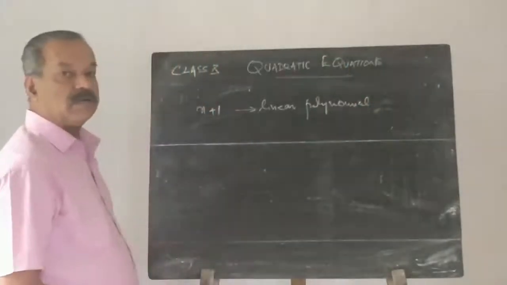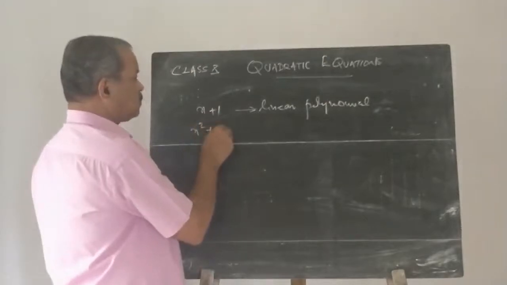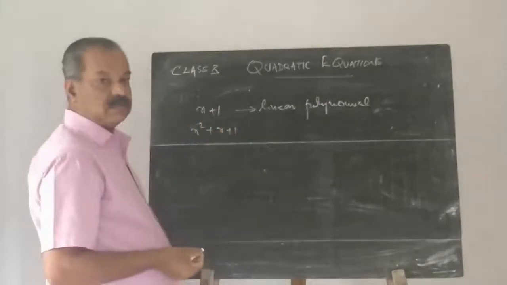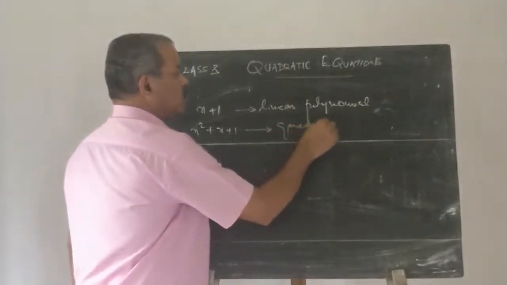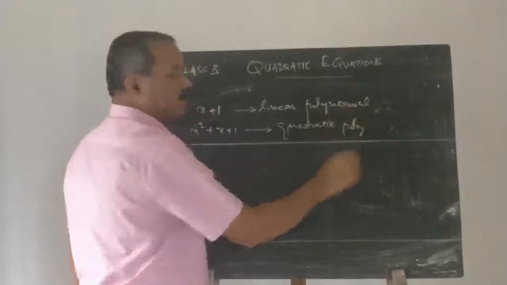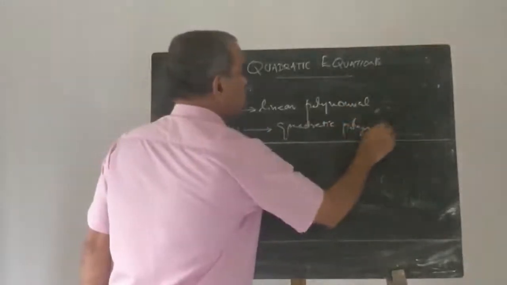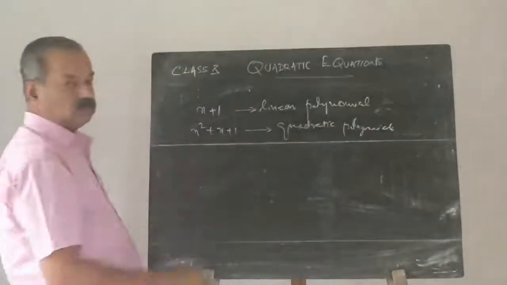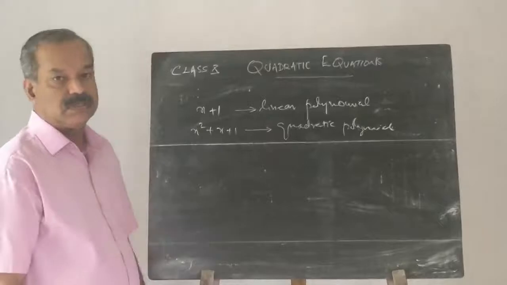What is a quadratic polynomial? x square plus x plus 1 is a quadratic polynomial. Why? Because its degree is 2. So it is a second degree polynomial with a non-zero coefficient.